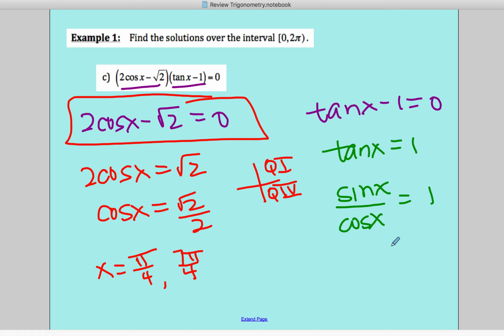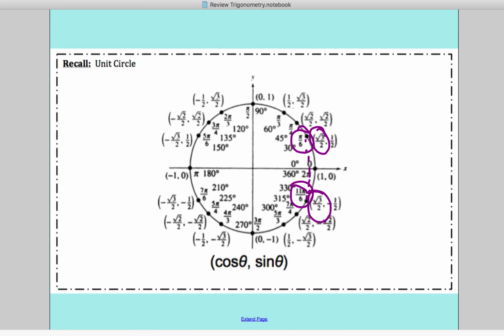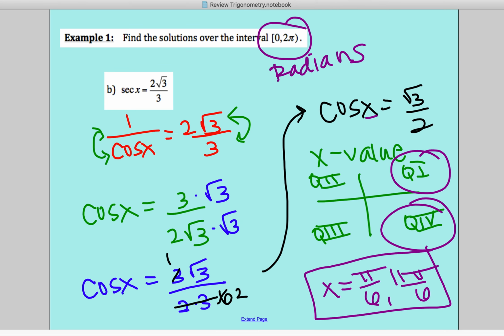Well, anytime I divide, in order to get an answer of 1, the numerator and the denominator need to be the same number. So this is really saying, where are my sine and cosine values the same? They're not the same here, but here they are. So one answer is pi over 4.